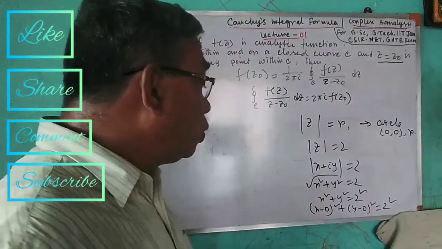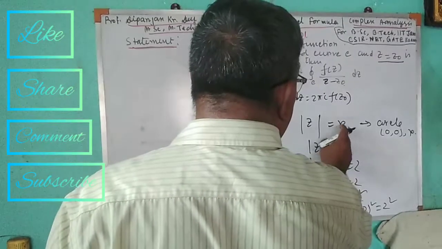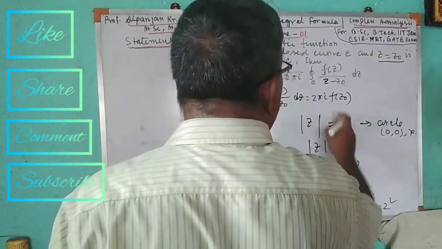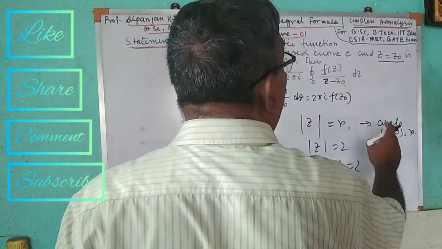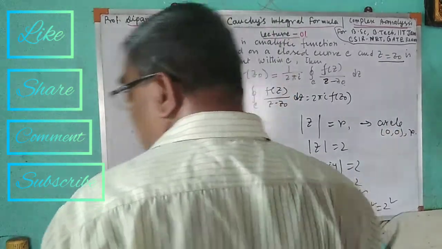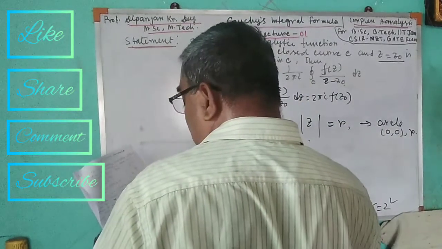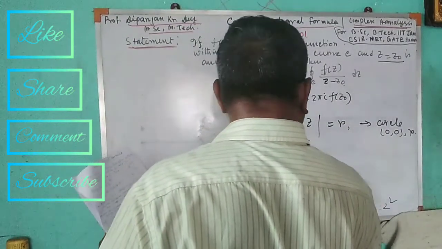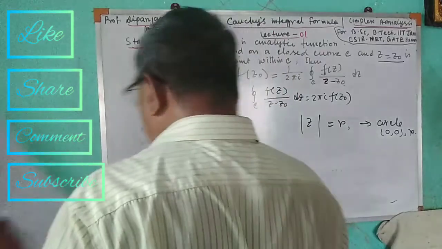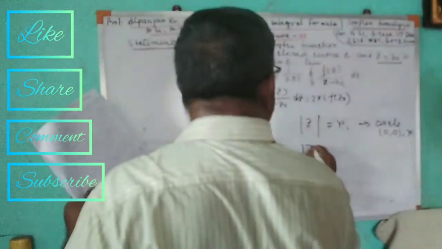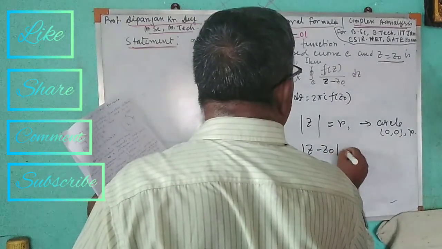So what we have learned from here: if mod z equal to r, the closed curve, then we can say directly center 0, 0, radius is r. Now suppose mod z minus z0 is equal to r.